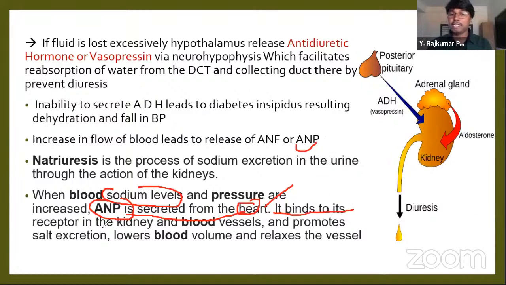It binds to its receptors in the kidney and the blood vessels, and it promotes salt excretion. So it excretes the excessive sodium present in the body. Because of the removal of this, the blood vessels will be relaxed, and osmoregulation also takes place.